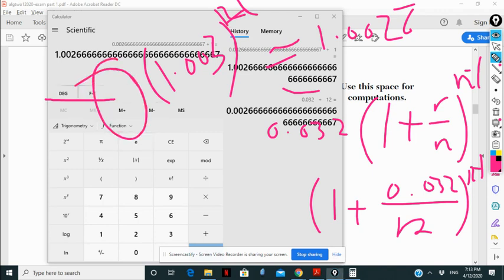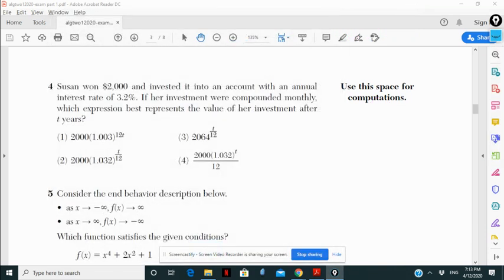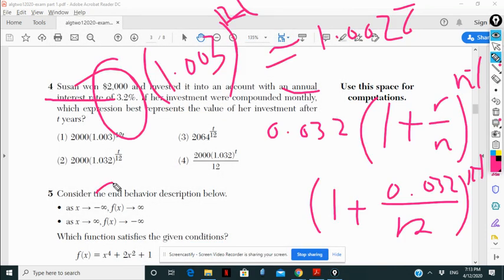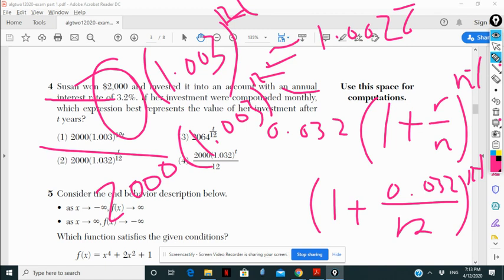And it should be multiplied by the initial amount, which is the 2000. So 2000 times 1.003 to the power 12t. So the answer is 1.